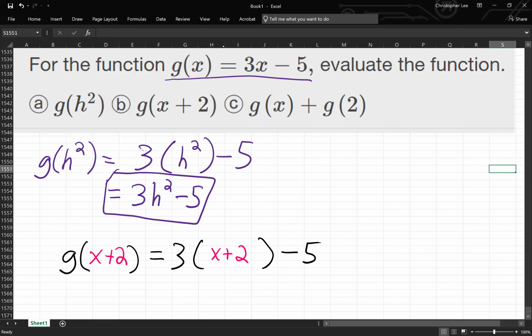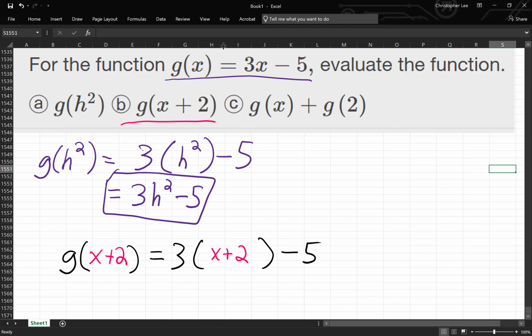Okay. Did I lose anybody? I'm doing B, by the way. That's what I was given. So my original function was g of x is equal to 3x minus 5.